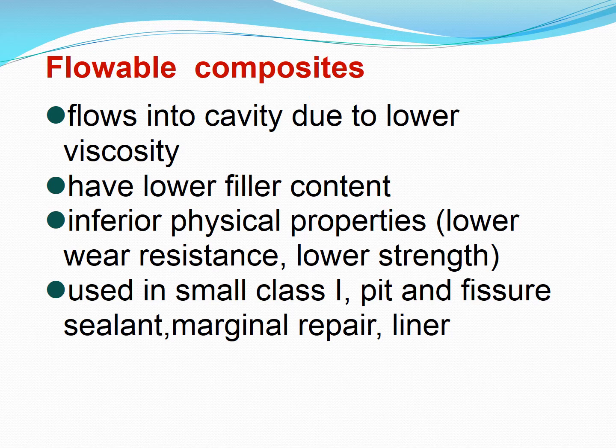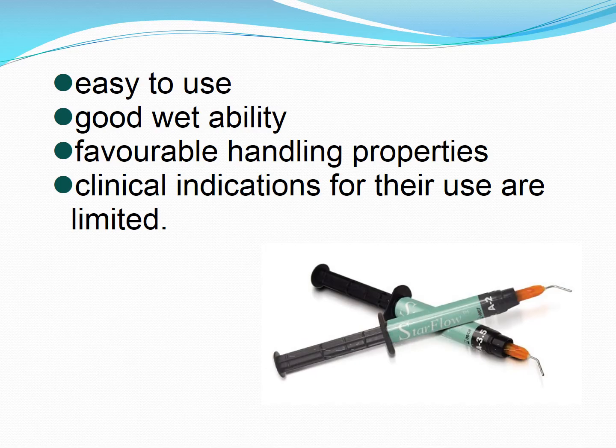It has lower filler content, inferior physical properties, lower wear resistance and lower strength, and is used in small class 1 cavities, as pit and fissure sealant, for marginal repair, and as a liner. It is easy to use. As we can see in this picture, it comes in a tube that we can press like a syringe so it flows out. It has good wettability and favorable handling properties, but clinical indications for its use are limited.